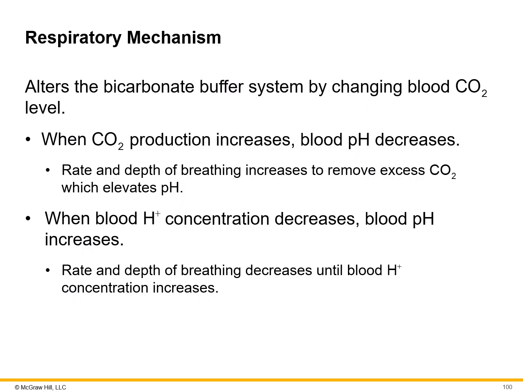So the increase in your rate and depth of breathing causes a decrease in your blood CO2 concentration and then an increase in your blood pH. Okay, so it's part of the exchanging of blood and oxygen, right? Also pH with the water balance, all of that has to be stable, homeostasis.